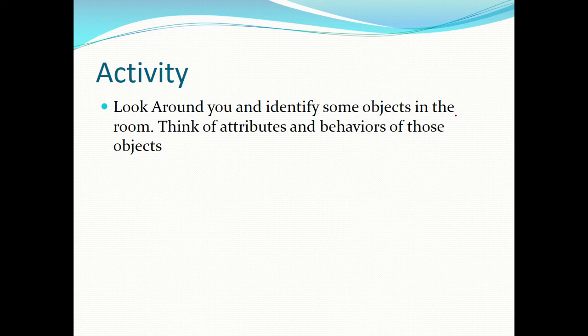Attributes for the table are the size of the table, the shape of the table, and the number of legs. We can also choose, for example, an operation for the table, like folding the table. So this is an example for you. Try to do the same, and list three objects, and list two attributes for each object and two operations that object can do.